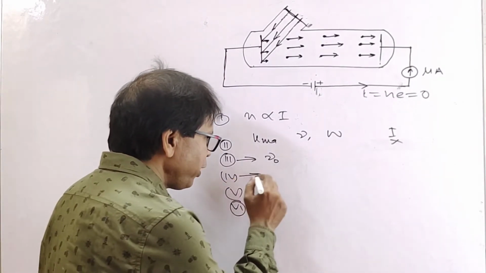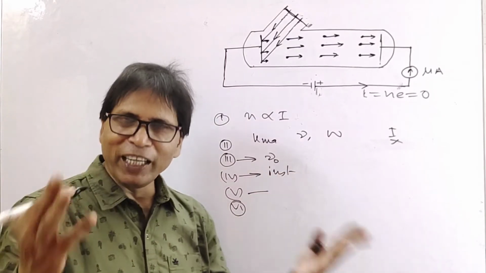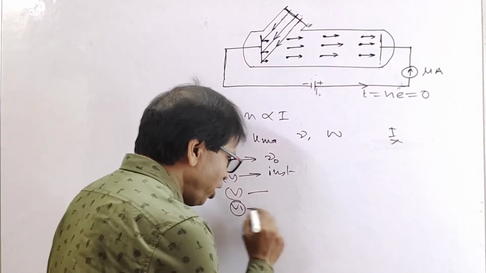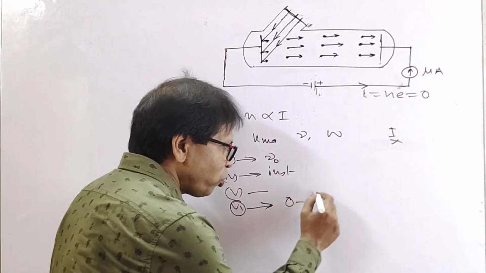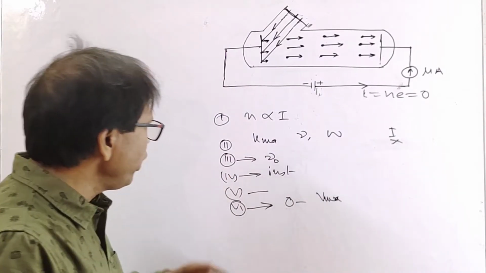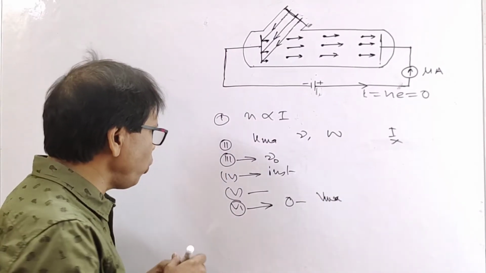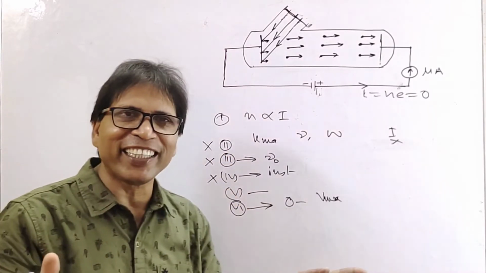And number 4, it is an instantaneous process. Number 5, it is independent of temperature and the velocity of emitted electrons ranges from 0 to maximum velocity. Now look at this, characteristics 2, 3 and 4 cannot be explained by classical physics.